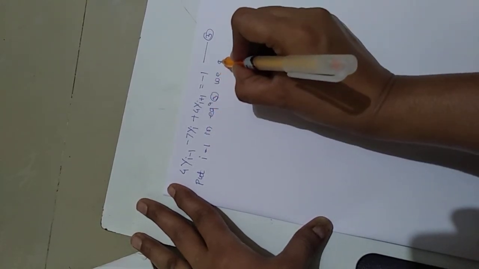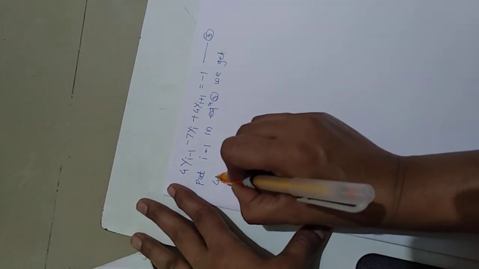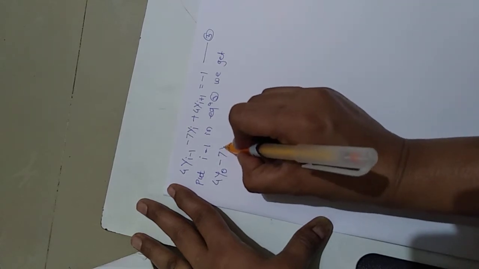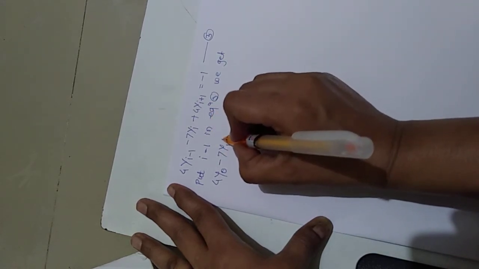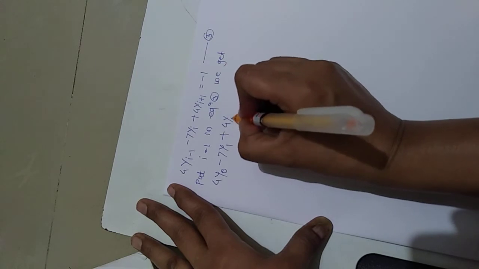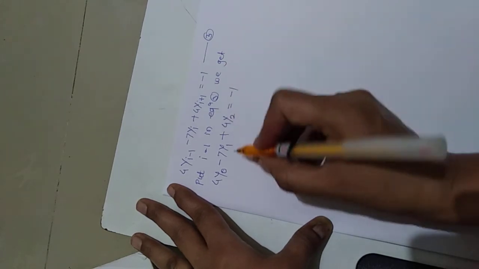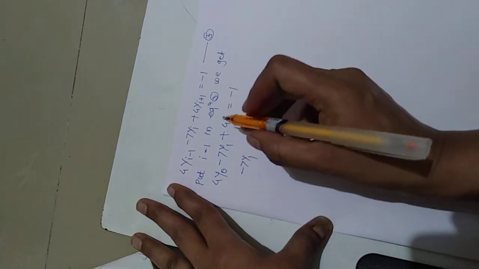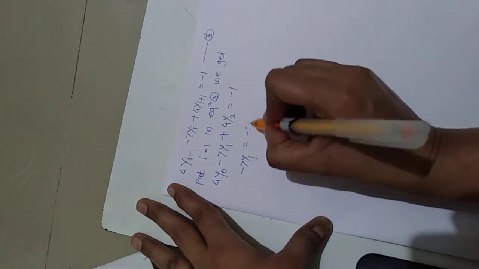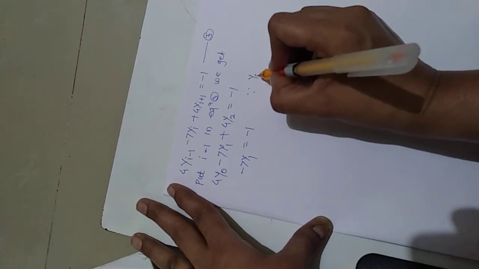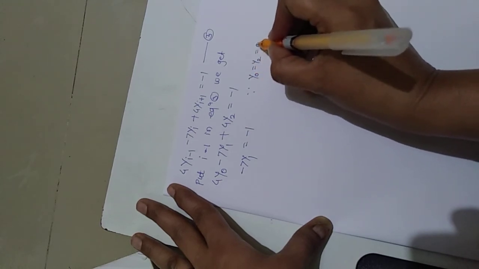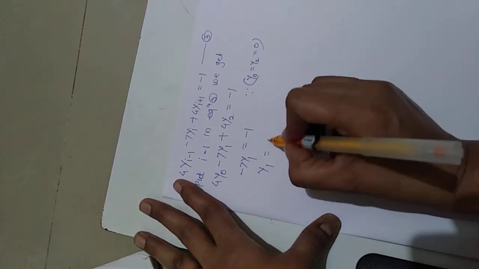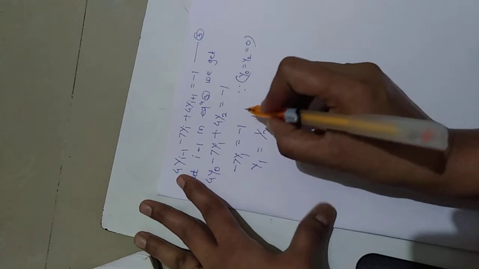We get 4y0 minus 7y1 plus 4y2 is equal to minus 1, minus 7y1 is equal to minus 1, because we know y of 0 and y of 2 is equal to 0, and therefore y1 is equal to 1 by 7.